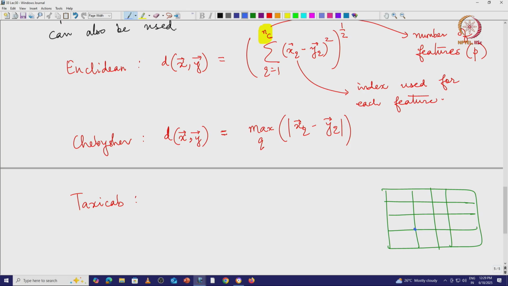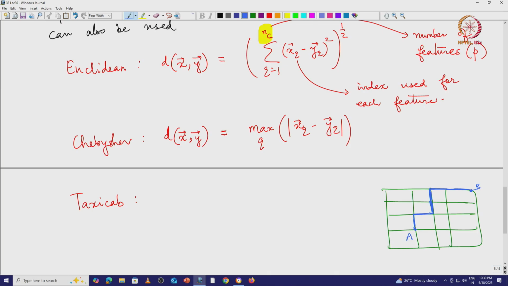So, if you wanted to go from a point A to a point B, the only way you can go is along these roads. That is one way to reach B from A, but the distance between them in the x and y components is just the sum of the respective distances along each coordinate axis.